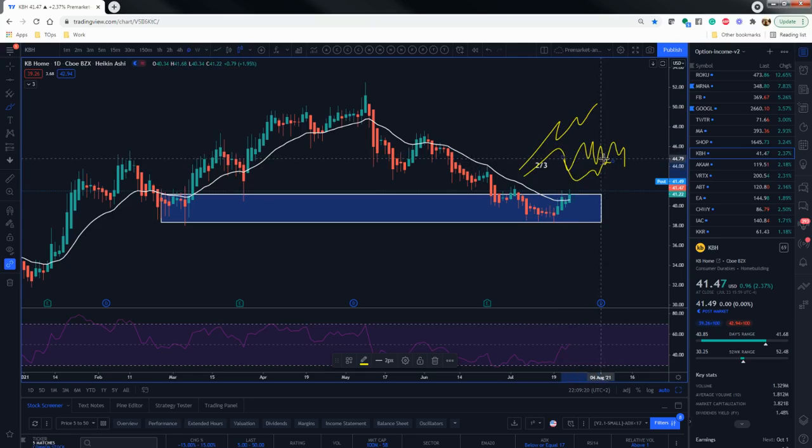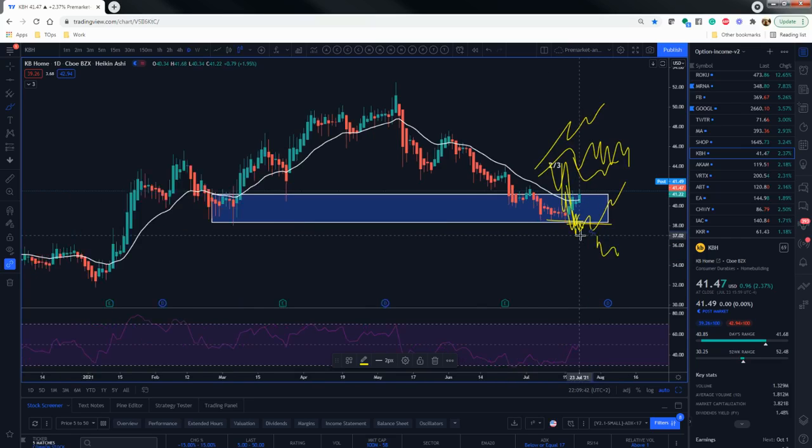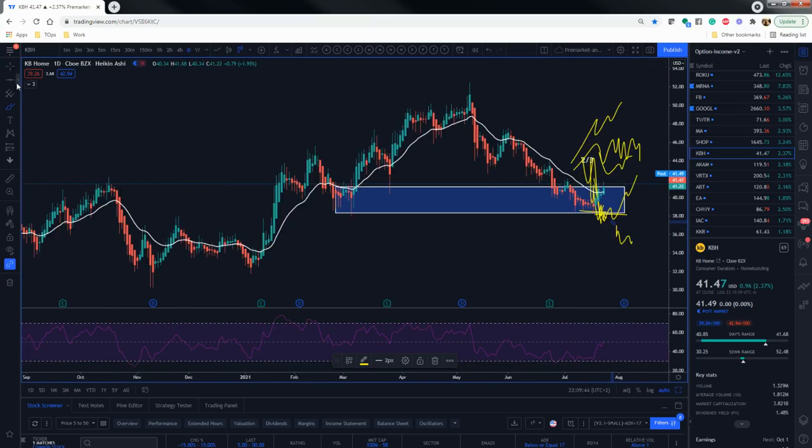So you can still be profitable. It can even go below the 38 strike price and then bounce back. That is also a possibility where you will still make money. The only way you will lose money is if it really breaks below 38 and stays there until expiry. So that is the risk.